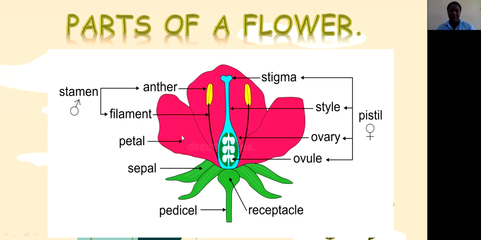Petals are very bright. And then this part down here that is color green is called sepal. Sepal. And we have the stalk, and we have the receptacle.